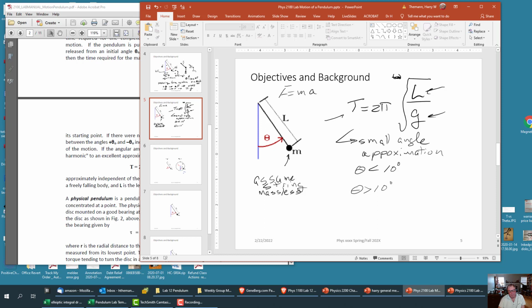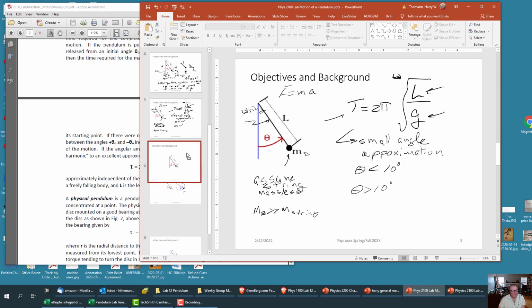Basically, what that means is that the mass of the bob, or whatever you call the end of the pendulum, is much greater than the mass of the string. And of course, the string is this here. And don't forget, you have to describe the apparatus. That's part of the lab, but we do that when we're in person, when we're in the room.